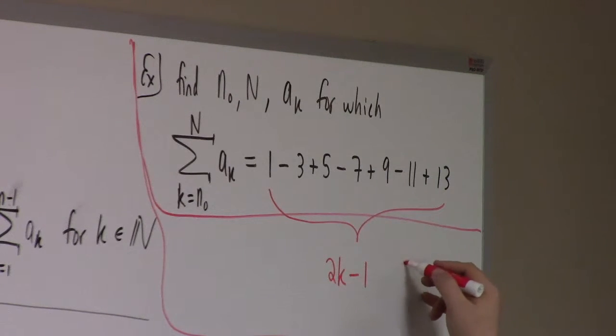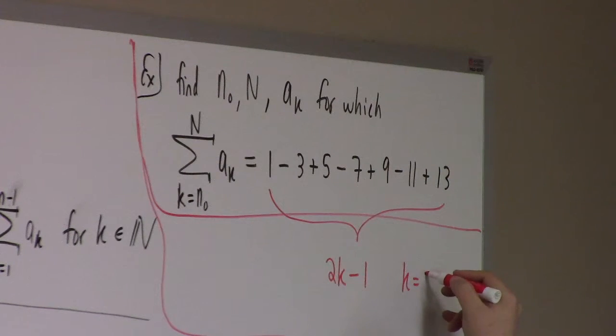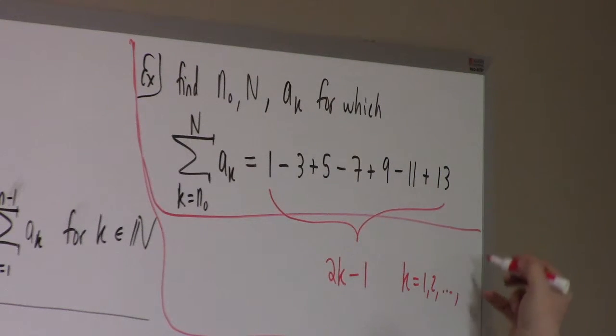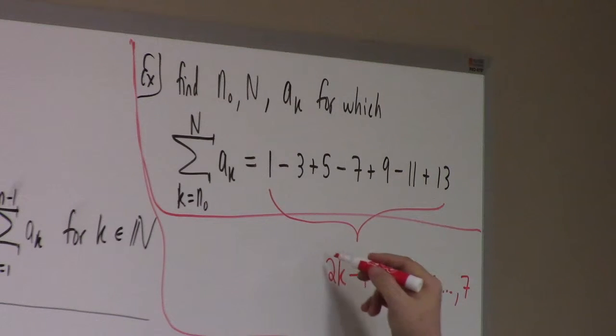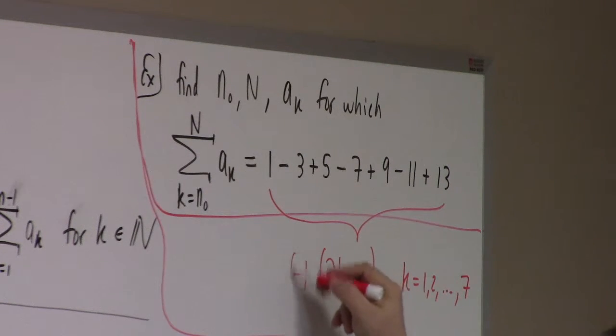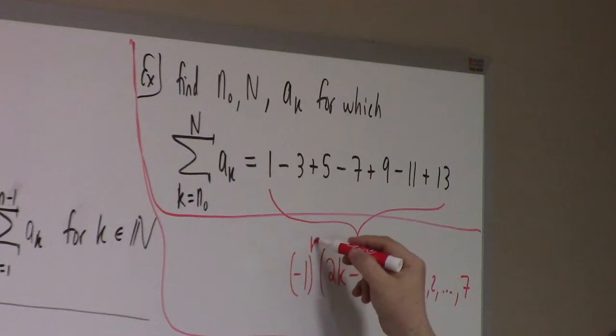And that's going from k equals what? 1, 2, all the way out to, this would be k equals 7. But it's not quite that, right? Because it's alternating plus, minus, plus, minus, plus, minus, right? So what do I need to take this formula to? Minus 1 to the k plus 1, yes.